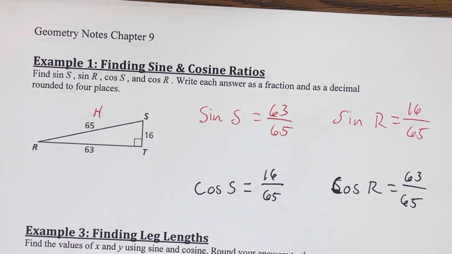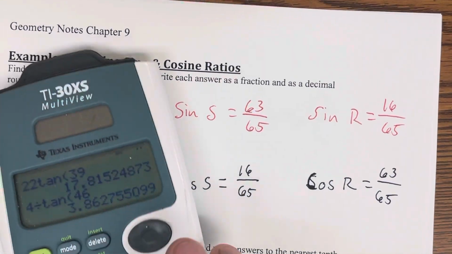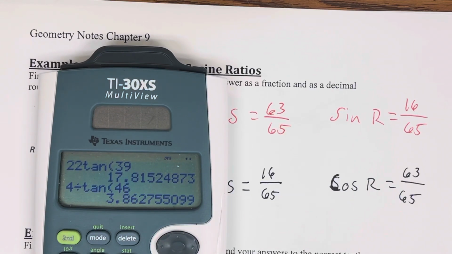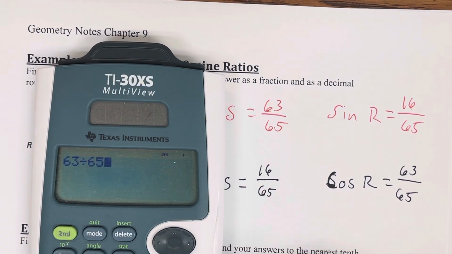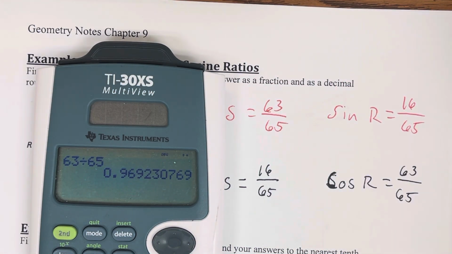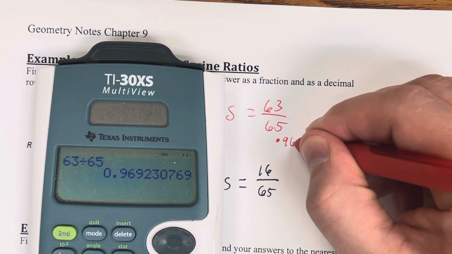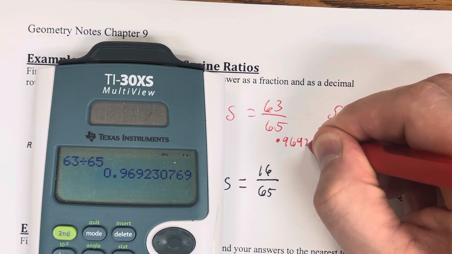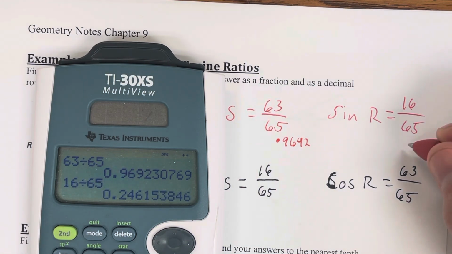Now it says that we're supposed to get a decimal rounded to 4 places for these as well, so I did have to use a calculator for that. And for me to get the decimal, I just need to divide. So I am looking at 63 divided by 65. That's 0.9692. Now here, 16 divided by 65, 0.2462.